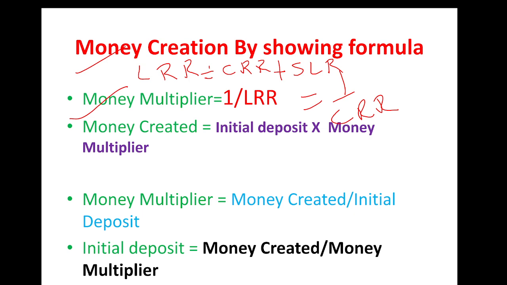Students, how is money created? Money is created by initial deposit into multiplier. Initial deposit, ID.